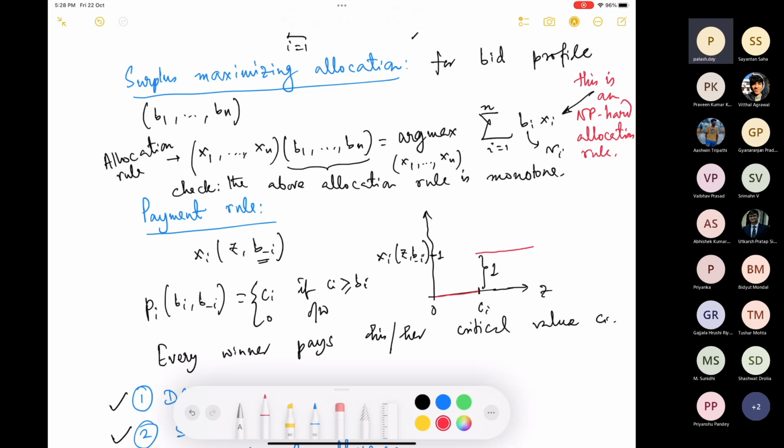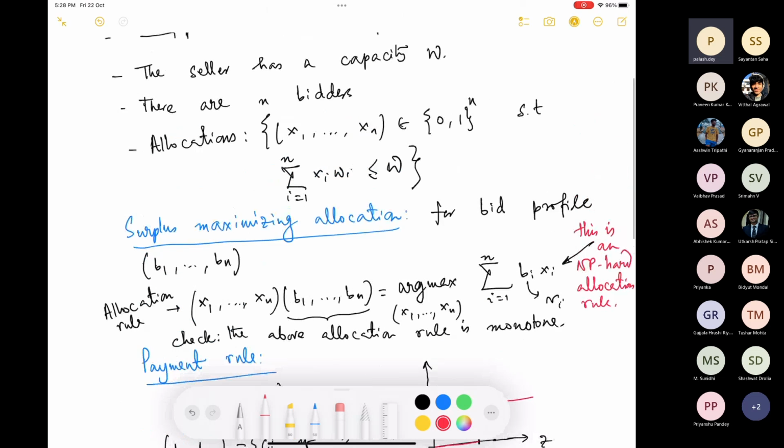In plain English, we do not know any efficient polynomial time algorithm for how to pick an allocation which maximizes this sum. The computational problem is, given bid values b1, b2 to bn, pick x1, x2 to xn which is a valid allocation, that means summation xi wi should be less than or equal to capital W, and subject to that constraint it maximizes summation bi xi.